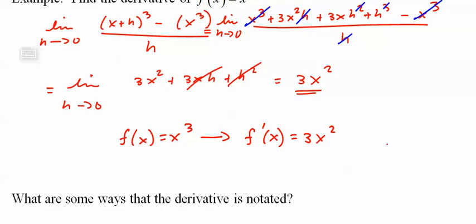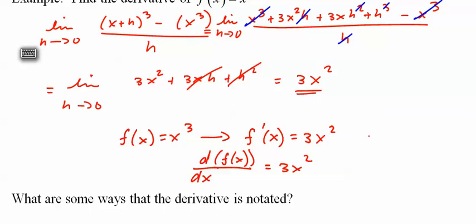So they do it different ways. That's one way. That's actually Newton's way. Leibniz did it like this. He said d/dx of f of x equals 3x squared.